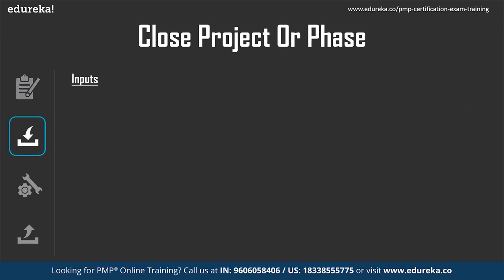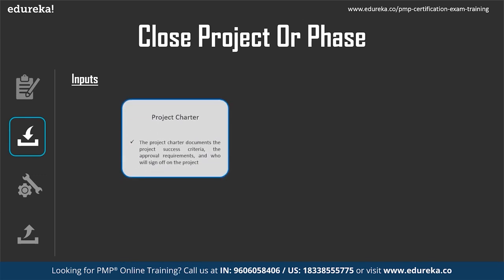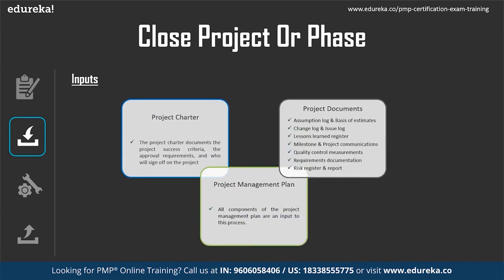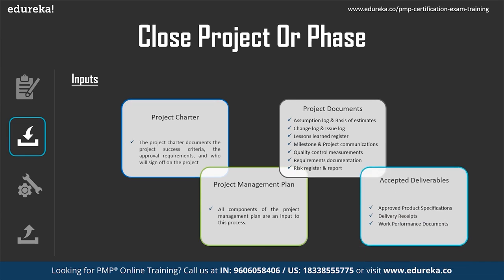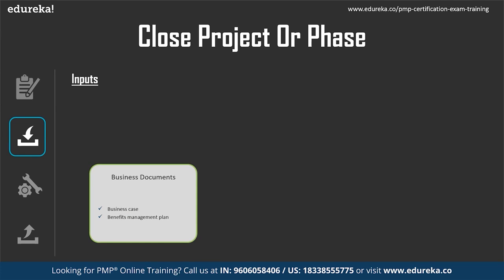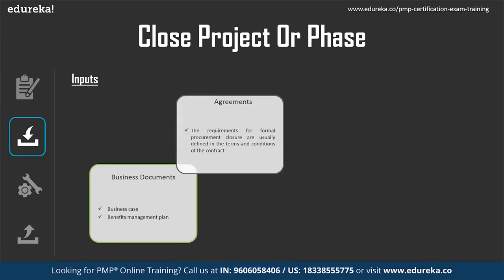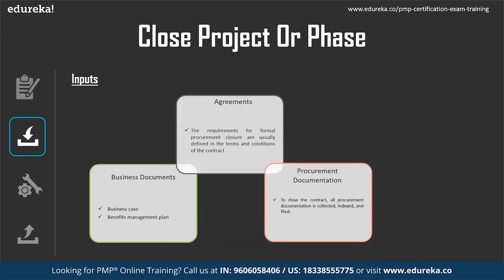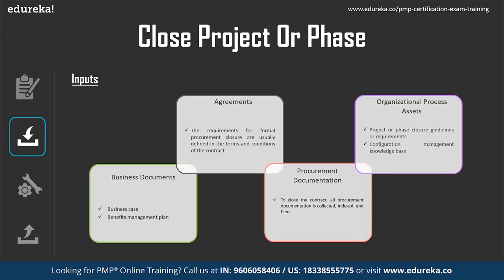The inputs to this process would be the project charter, project management plan, project documents, and accepted deliverables. Other inputs would be business documents like the business case, benefits management plan, agreements, then procurement documents, and organizational process assets.